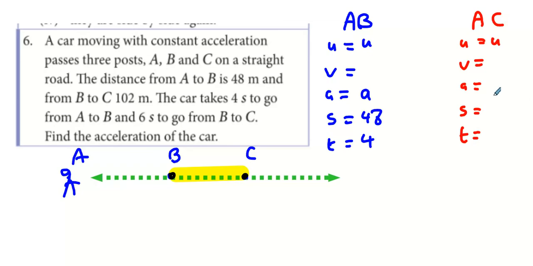Anything for my A value? So it's still A. Anything for my S value? 102 plus 48? Oh yeah, 150. Anything for my T value? 10? Because 6 plus 10.